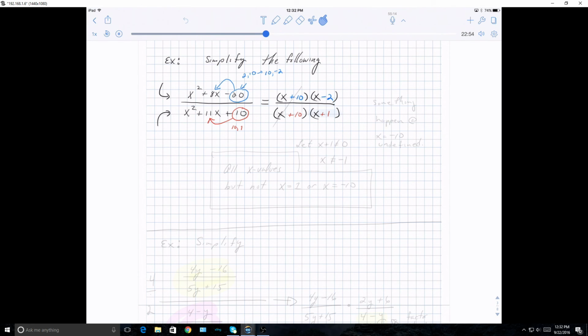And what you'll notice here is that we have a factor of x plus 10, so something is going to happen. We know something is going to happen at x equal to negative 10. And what do we know is going to happen? It's undefined.